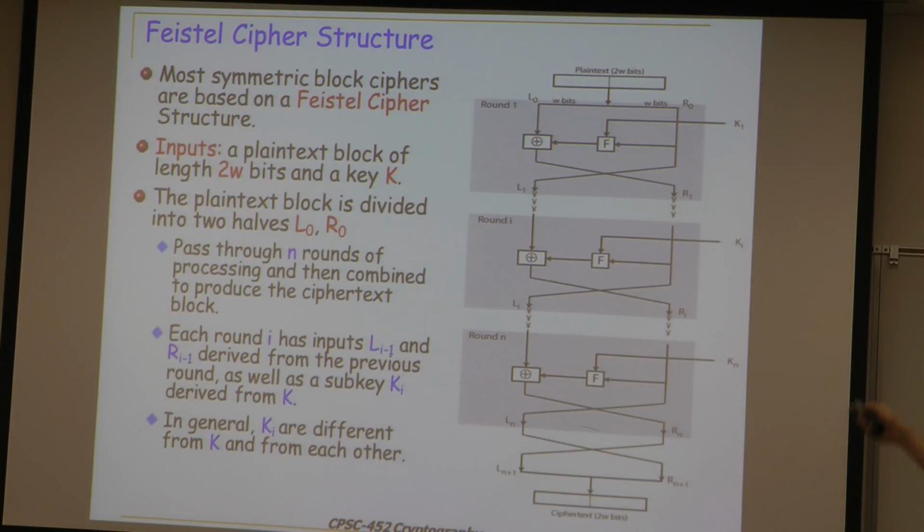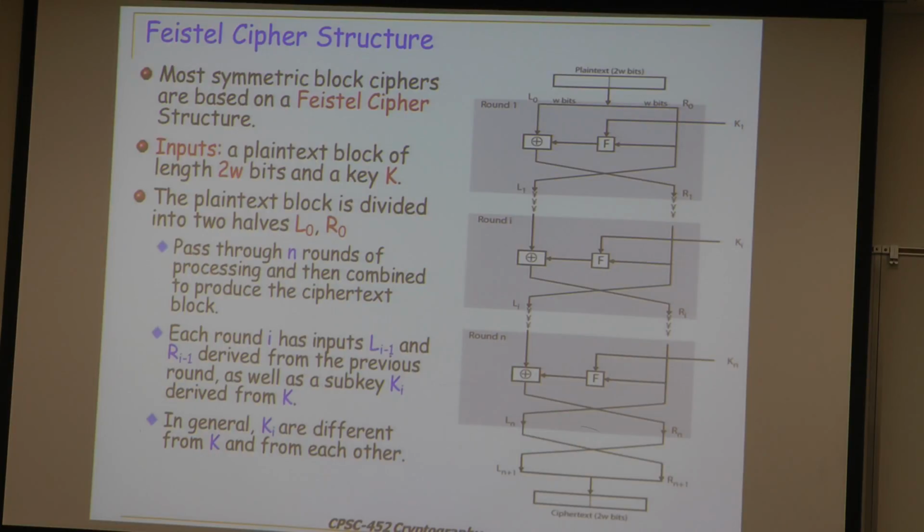So, once again, I took my right-hand half, ran it through the round function, which replaced some bits of the right-hand half. Then I XORed that with my left-hand half. The result of the XOR became my right-hand half, and the original right-hand half has become the left-hand half. So, can you see the elements of both substitution and permutation here? The substitution is the round function, and the permutation is the swapping of the 2 halves, okay?